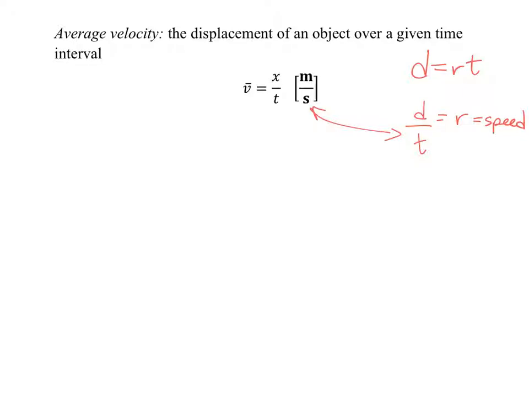Questions on this? Yes? So why is it average velocity? Yeah, because right now we're not studying any changes in velocity. So we're saying that, you know what, if we know how far the person goes and how long it takes, maybe they went really fast and then slow and then fast, we're getting the average velocity for the whole trip. Now, if you want what's called the instantaneous velocity, that's the velocity at any given point.